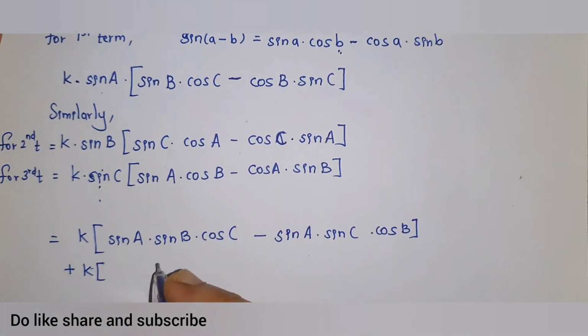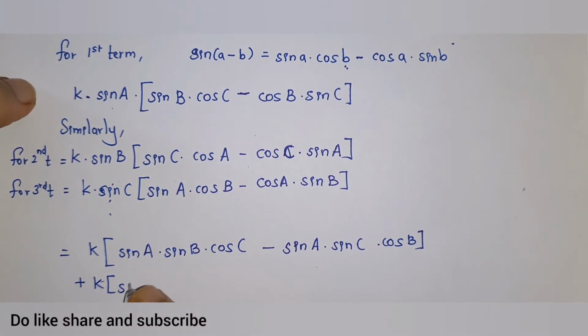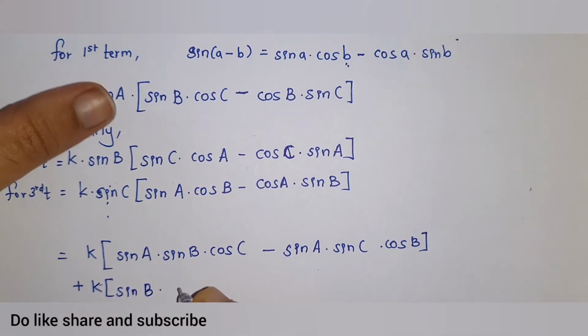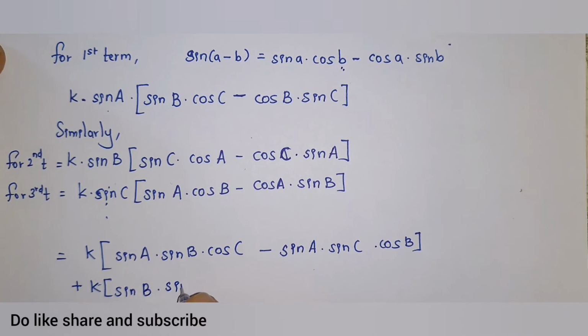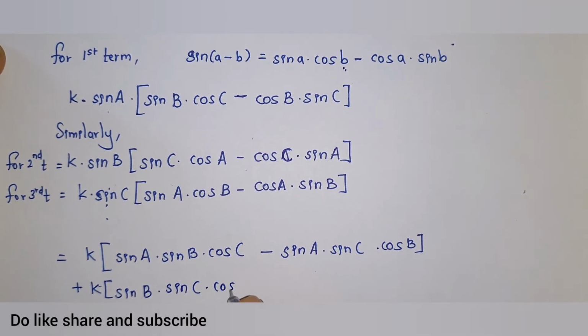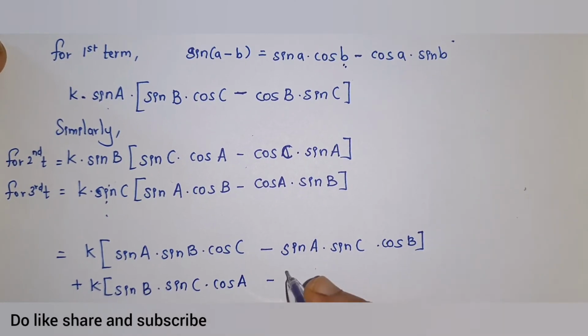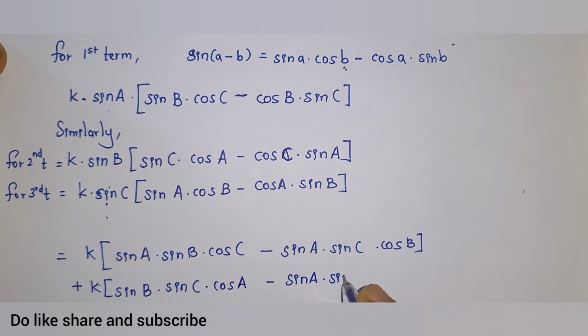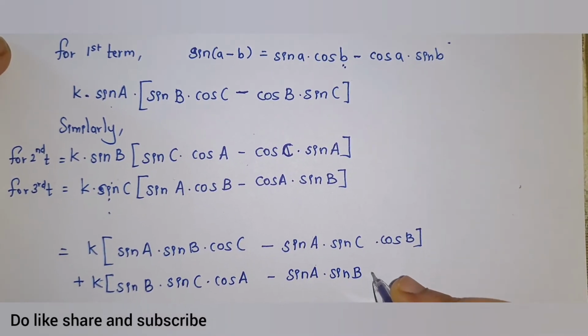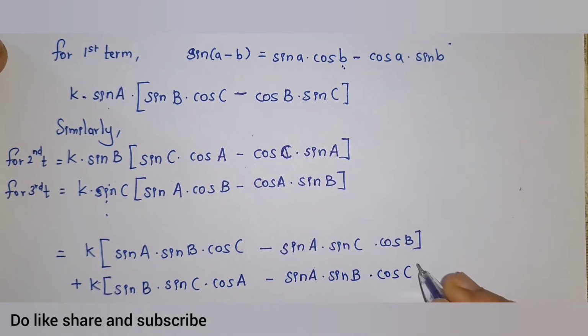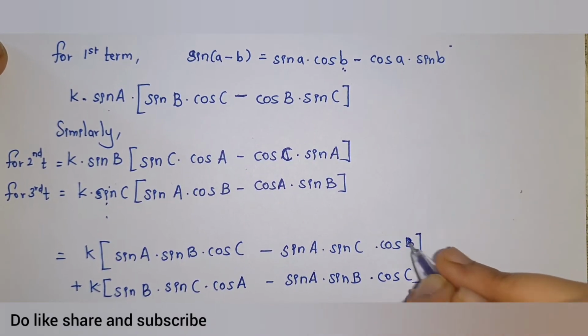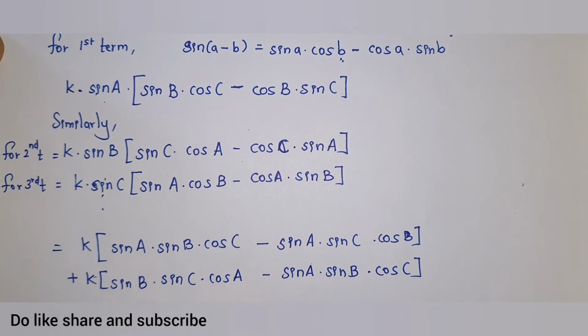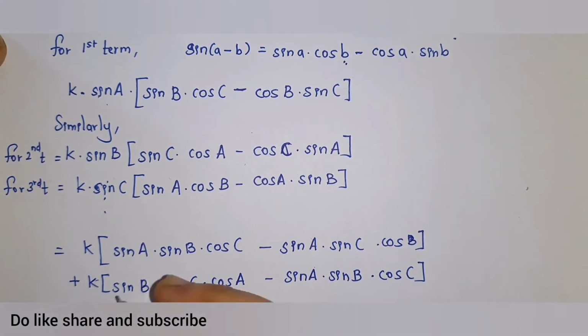So we'll be getting sine of B into sine of C into cos of A minus sine of A into sine of B into cos of C. I have rearranged these terms accordingly so we can easily cancel out each term.